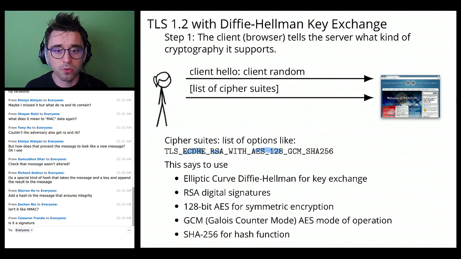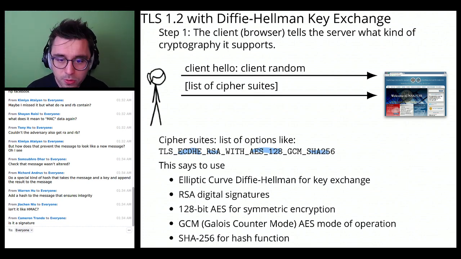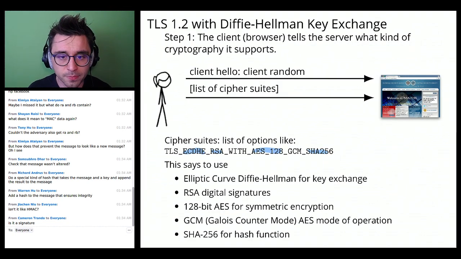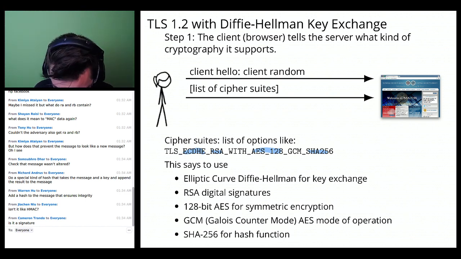So this is one of those authenticated encryption modes of operation. And the hash function that we're going to use is SHA-256. Okay, so this is pretty reasonable, right? We're going to use ECDH, RSA signatures, AES and GCM mode with a reasonable key size and a reasonable hash function.